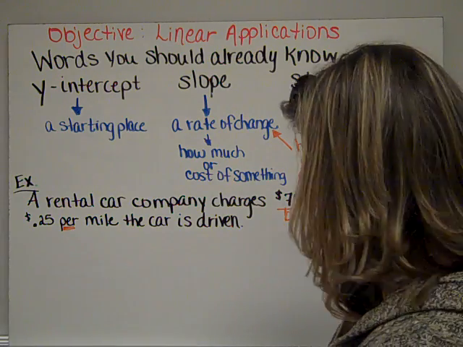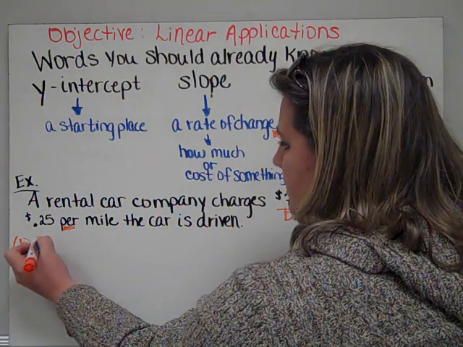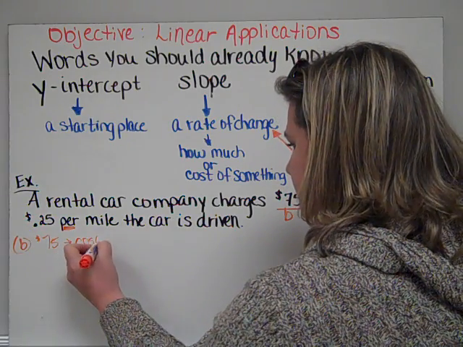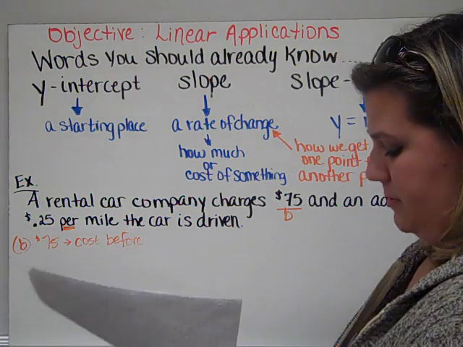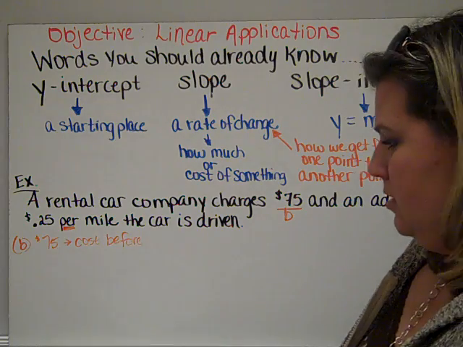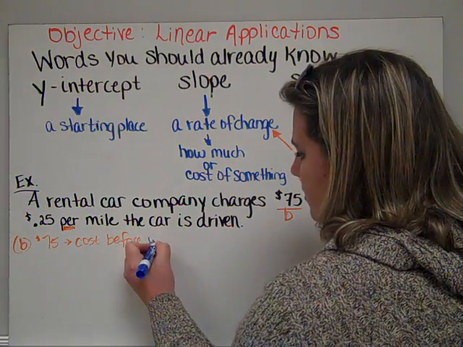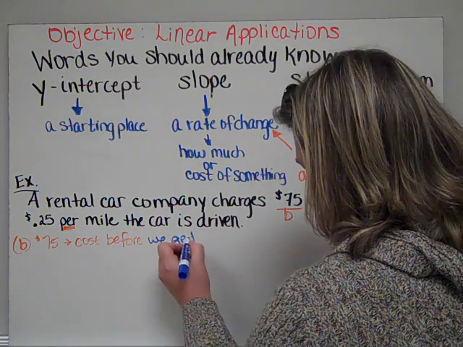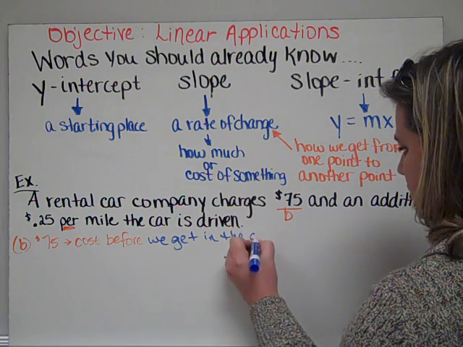Okay? So now what we're going to do is I know that my b is the $75. That is the cost before, sorry about that, orange is not showing up. Before we even get in the car to drive.